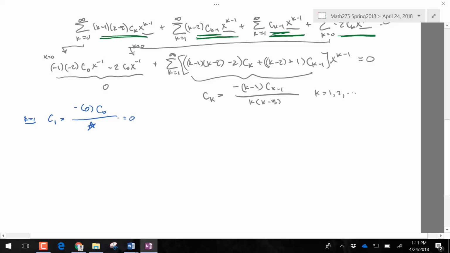So c sub 1 is equal to 0. Let's take a look at c sub 2. K is equal to 2. C sub 2 is going to be negative 2 minus 1, c sub 2 minus 1, divided by 2 times what?